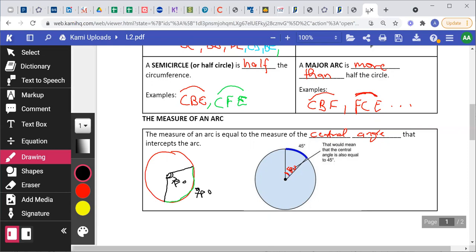Okay. So the measure of an arc is equal to the measure of the central angle that intercepts the arc. The central angle that intercepts means since the arc starts here and ends here, I'm going to draw a line that goes through the center, also a line that goes through the center, and those two lines are called radii.